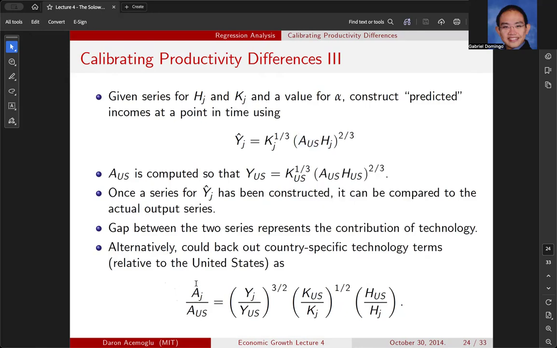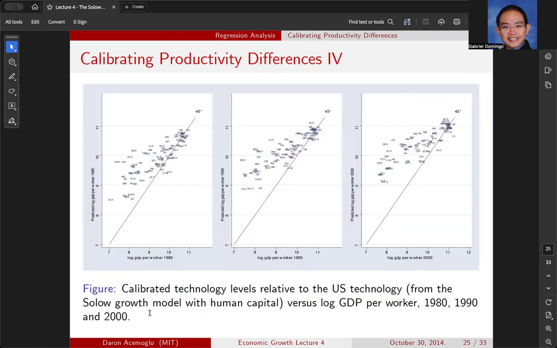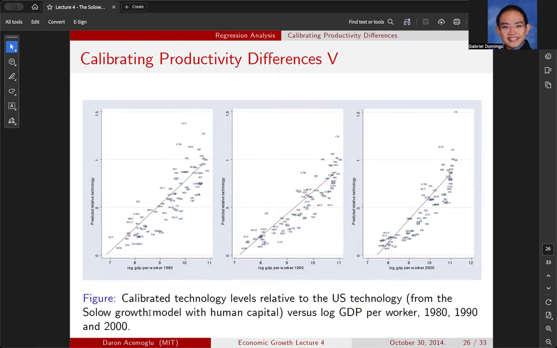So this will give you this measure of A J over A US, or the productivity gap, or the TFP gap between country J and the US, which will be a function of the gap in real GDP between J and US, the capital gap between US and J, and the gap of human capital between the United States and some country J. And we can go to the slides here.